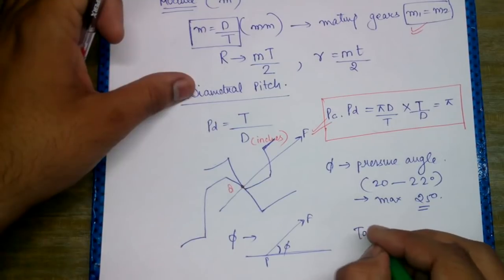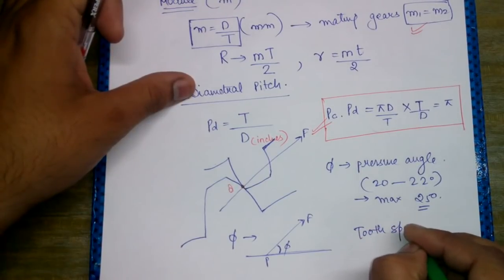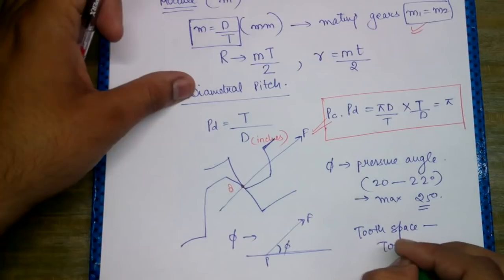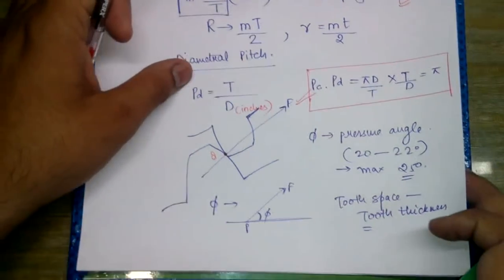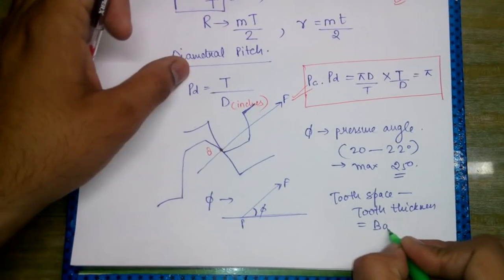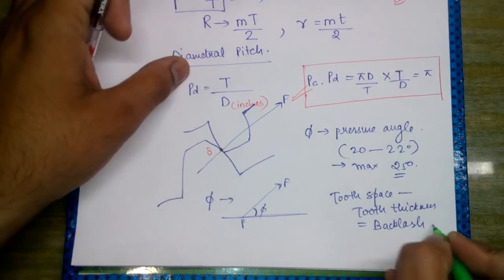And our tooth space minus tooth thickness is simply called backlash.